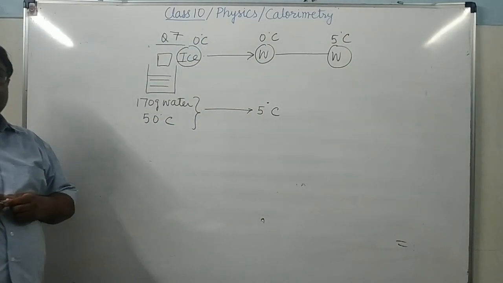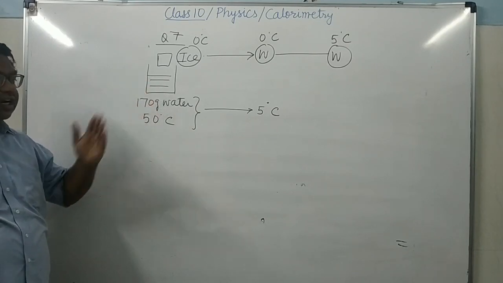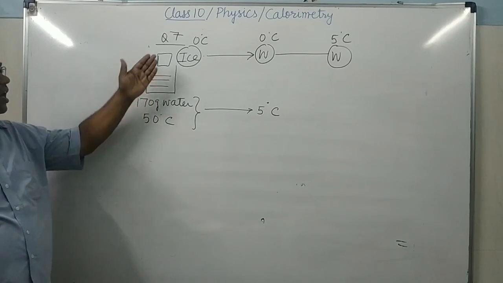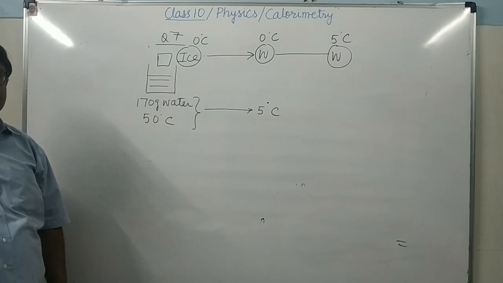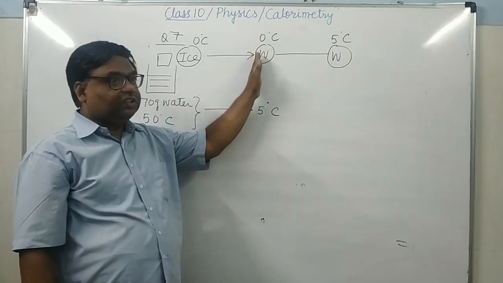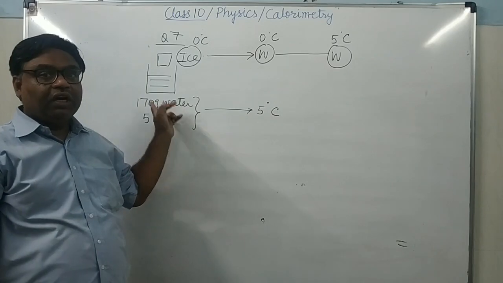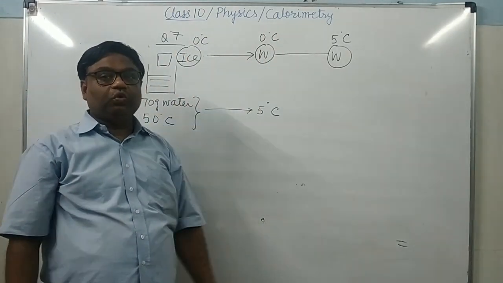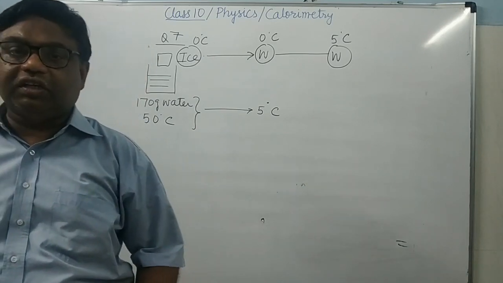Means what will happen? When heat exchange happens between this water which is at 50 degrees Celsius and ice which is in the beginning at 0 degrees Celsius, then this ice will firstly change into water at 0 degrees Celsius by absorbing the heat energy from here, and then it will be changed into water at 5 degrees Celsius. Why will it change into water at 5 degrees Celsius?